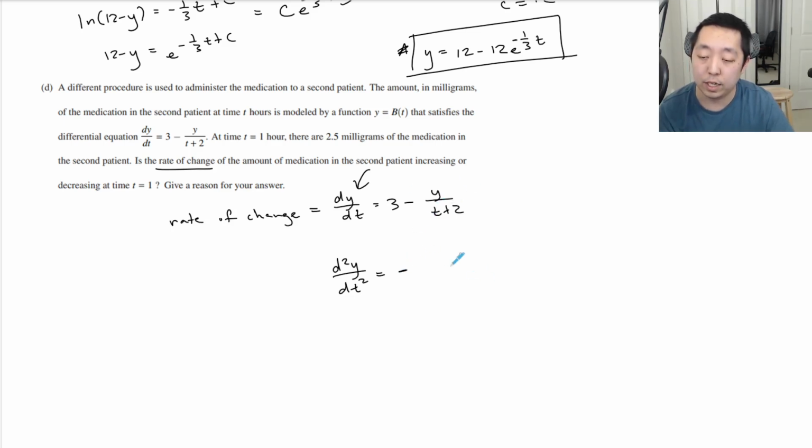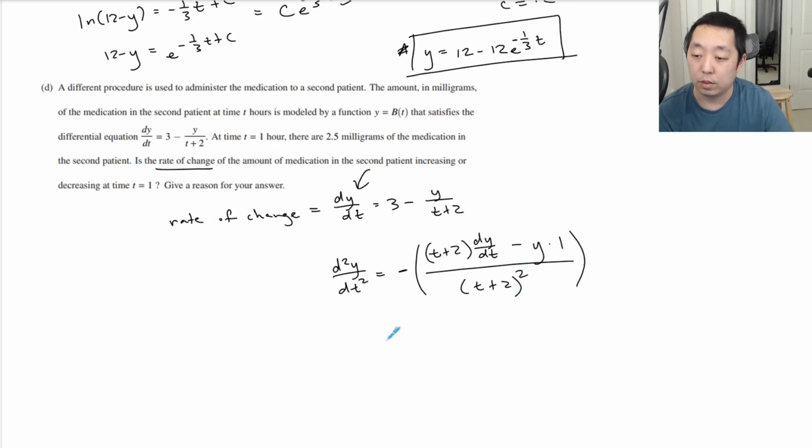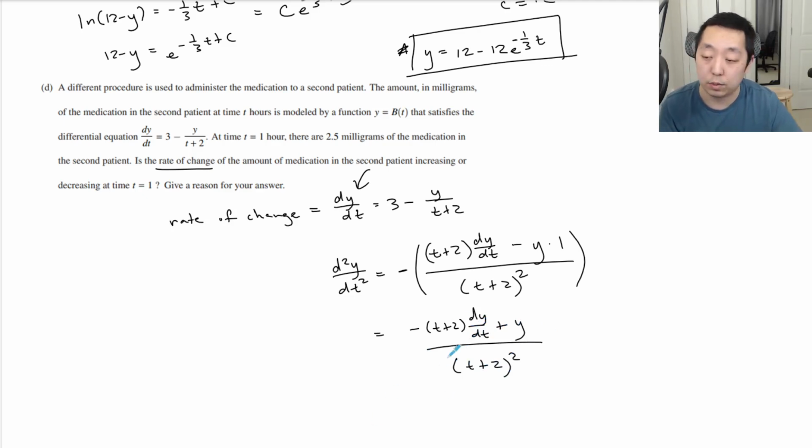I put the negative sign in front, then bottom, t plus 2, times the derivative of the top, dy/dt, minus the top times the derivative of the bottom, which is 1, divided by bottom squared. Distributing the negative, this is negative of ((t plus 2) dy/dt plus y) over (t plus 2) squared. I really care about the sign of this, whether it's positive or negative.